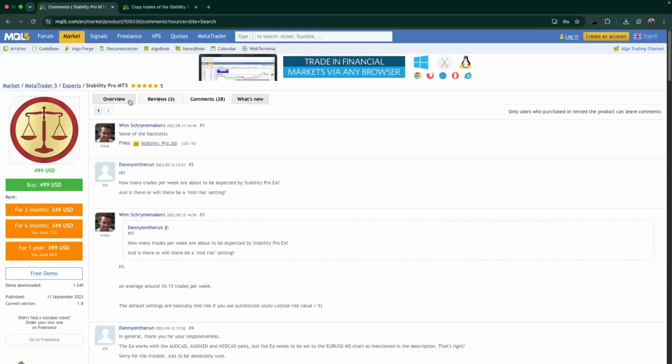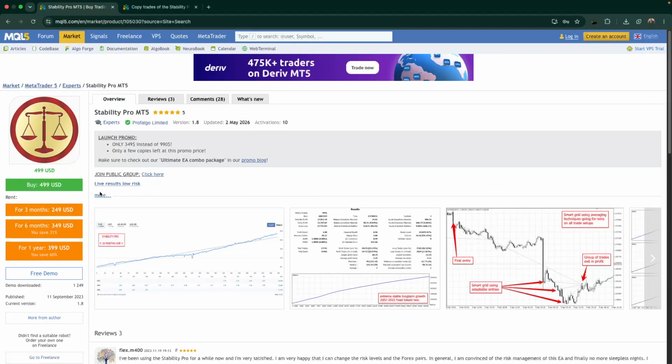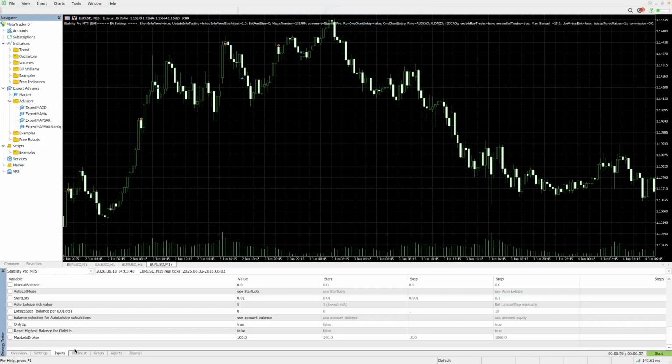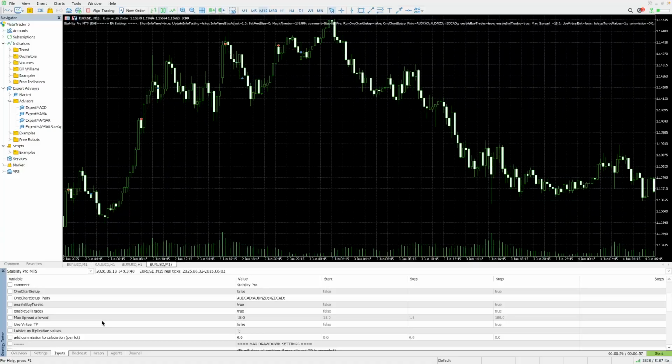I also go to my inputs on MetaTrader 5 to show you what my settings look like. Now this is it. We have the auto lot with risk scaling. We have the max drawdown caps. We have the safety stop loss options, the trading panel. We also have the multi-pair support and various closing rules. It's built for traders who want stability and built-in protections to keep the account safe during volatile periods.